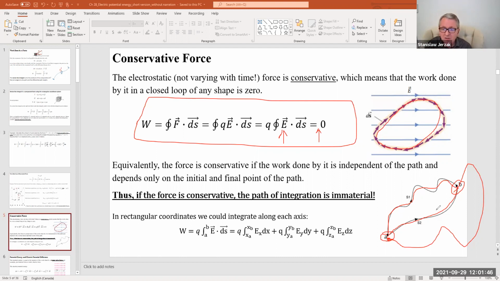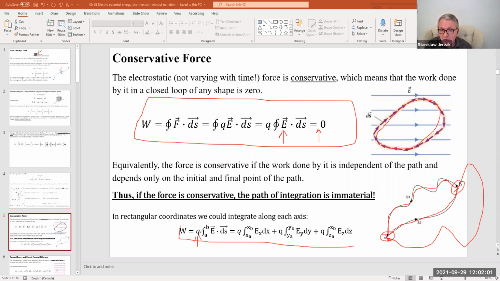Because the electric force is independent of the path, when we calculate work done by electric force, which is, remember, Q E dot ds, and Q I took in front of the integral because it's constant.